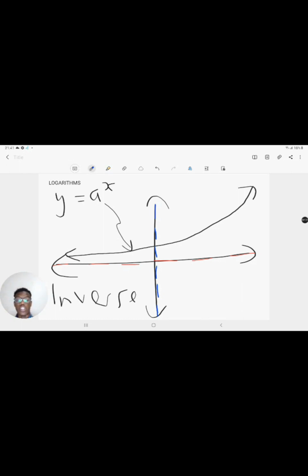So the graph that we plot, the inverse of the exponential function, always approaches that asymptote but never actually touches it.